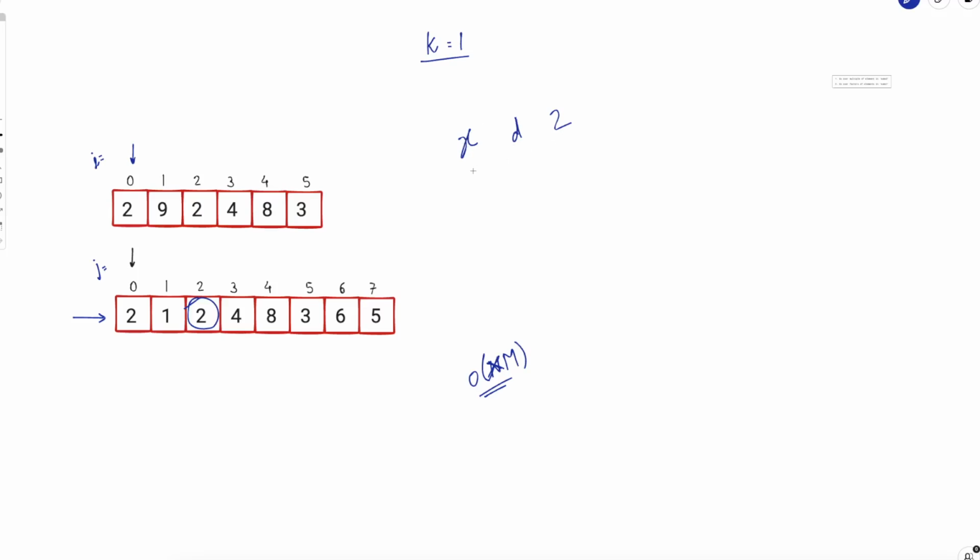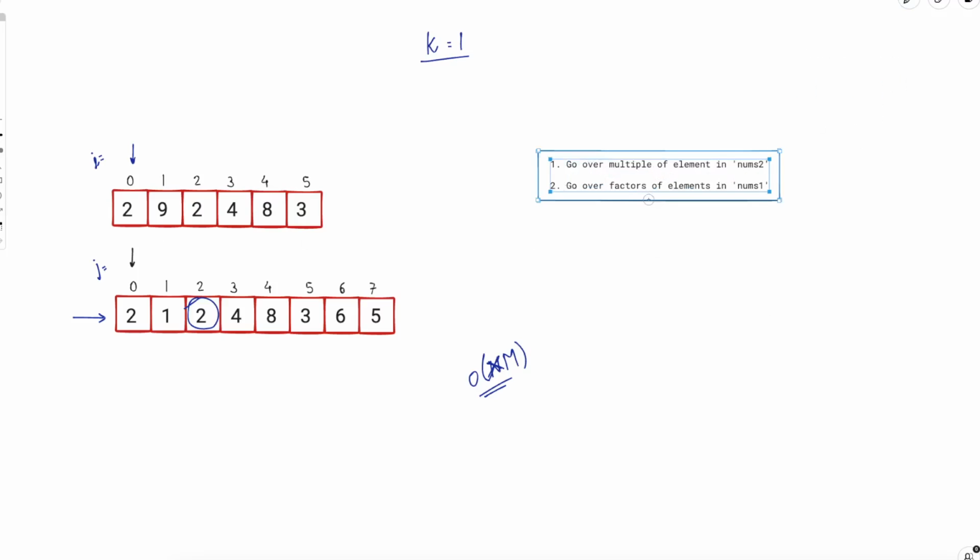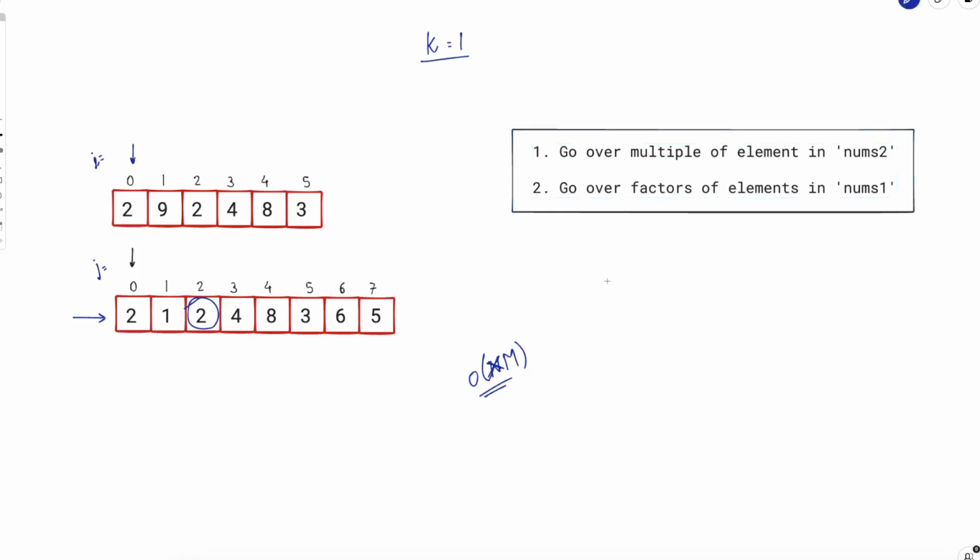How many multiples of 2 are there in this array, and if you can figure that out efficiently, you can solve this entire thing efficiently with m into some factor. That factor is how efficient you are able to count all the multiples of a particular number in this array nums1, right? So there are hence two different approaches, either go over all the multiples or go over all the factors. And by going over all the factors or all the multiples, I mean efficiently doing that. And we will be discussing both the approaches.